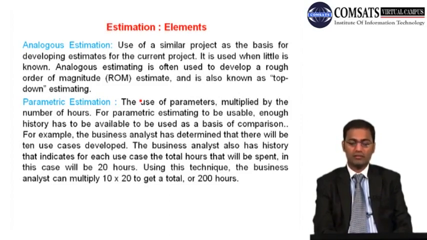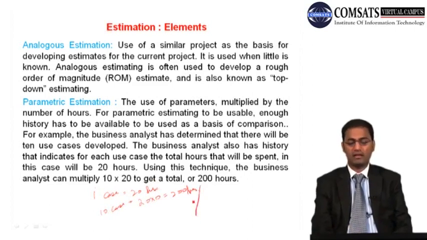So using this technique, the business analyst can multiply 10 with 20 and get 200 hours. For one case, we usually have 20 hours consumed, and now we want to develop 10 cases, and hence 20 times 10 is equal to 200 hours.